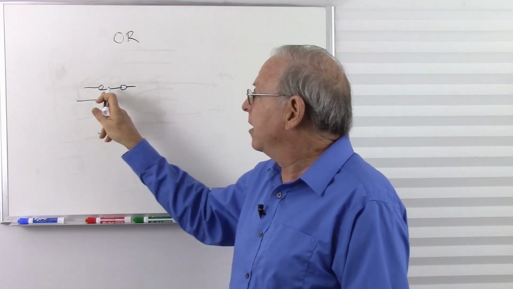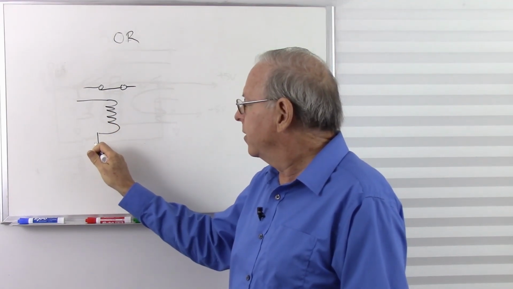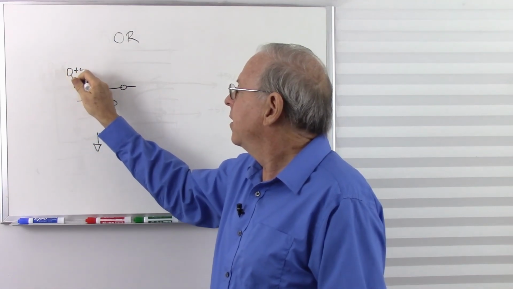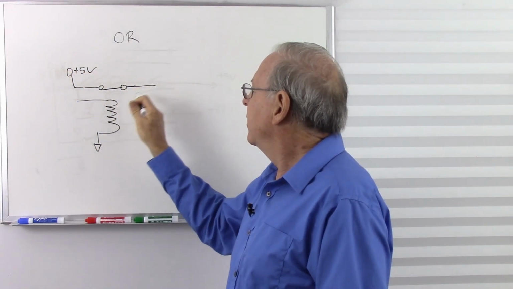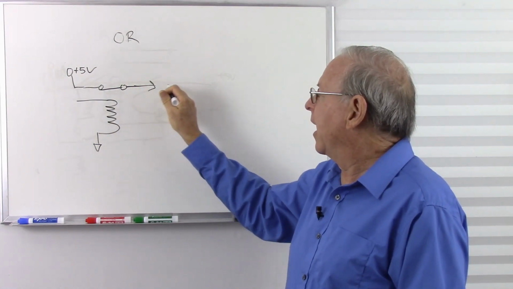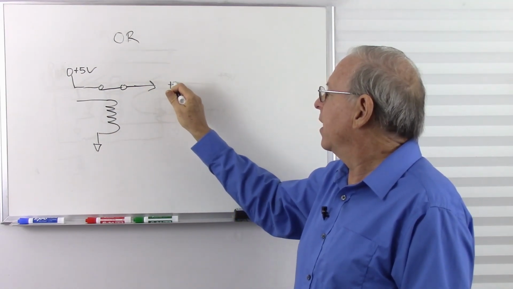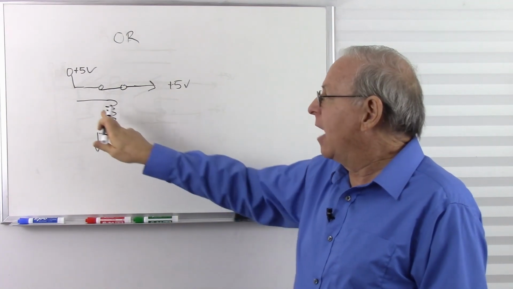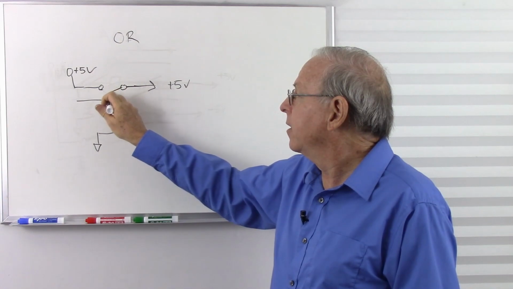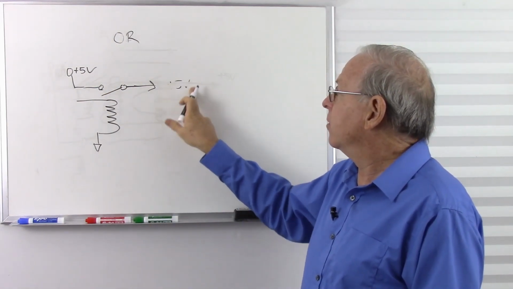There's my switch. Now my switch is closed. And my relay is not energized, the switch is now closed, and I have my plus 5 volts on the output. Now I'm going to energize the relay, and it's going to pull the switch open. And the plus 5 goes away.